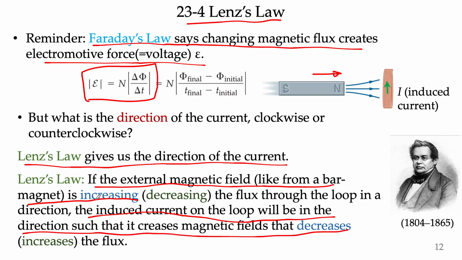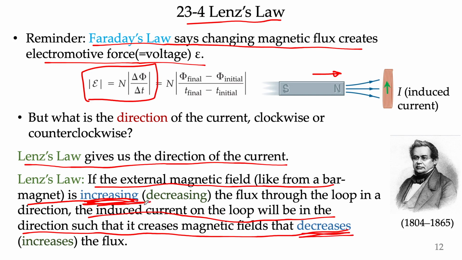So for an increasing magnetic field from the bar magnet, the coil produces some current in a way that it wants to decrease that magnetic field.